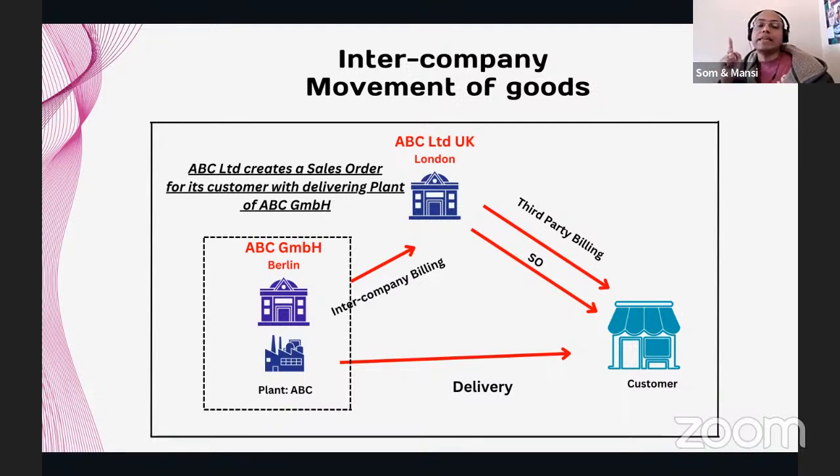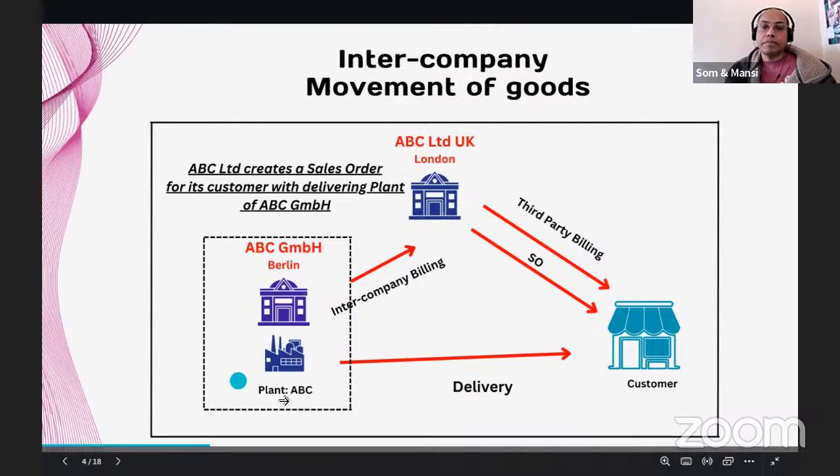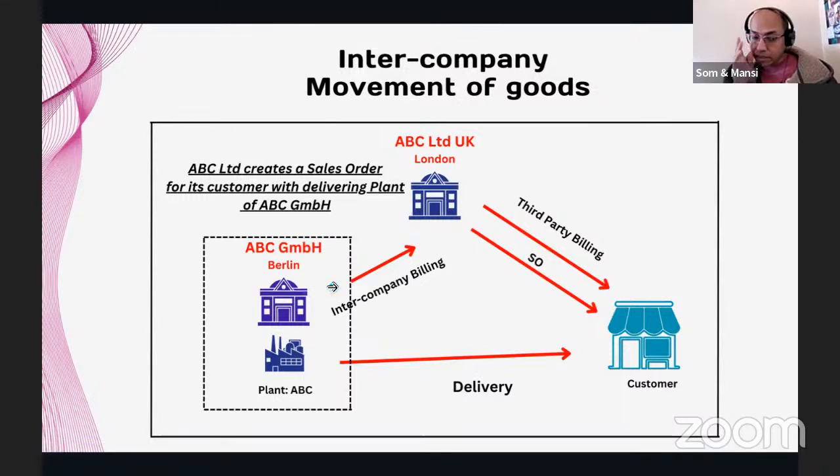So in this sales order, it uses the plant ABC. In this example, this is the plant ABC of ABC GmbH Berlin. That means the German company code, or German legal entity's plant, is being used in this scenario.